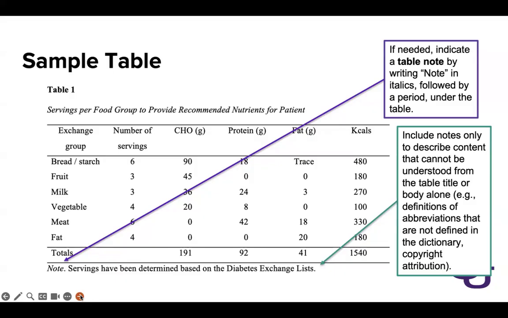So for instance, in this table, I've got G for grams and kcals for kilocalories. Those are defined in Merriam-Webster, so I don't need to include in a note underneath them what those mean. The only thing I added is that servings have been determined based on the diabetes exchange lists because that wasn't really clear from the rest of the table.